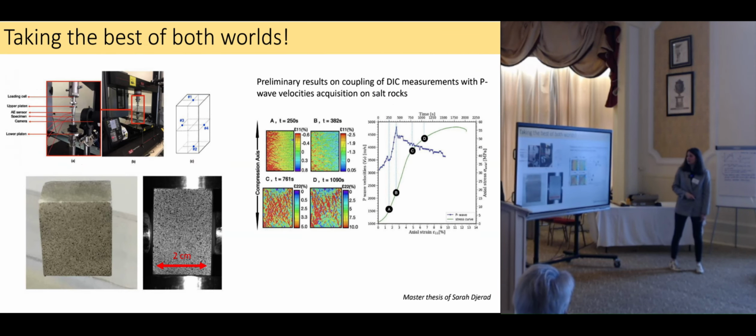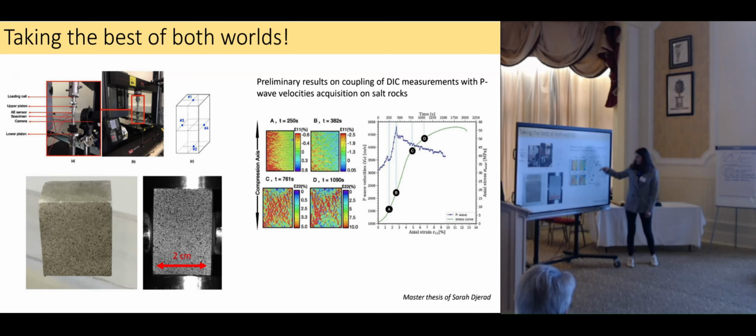And currently what I'm doing with some of my colleagues is trying to take the best of both worlds: look at digital image correlation and combine that with active and passive seismic measurements in the lab. So this is our first test on salt samples. What you see in green is the stress-strain curve of our salt sample.